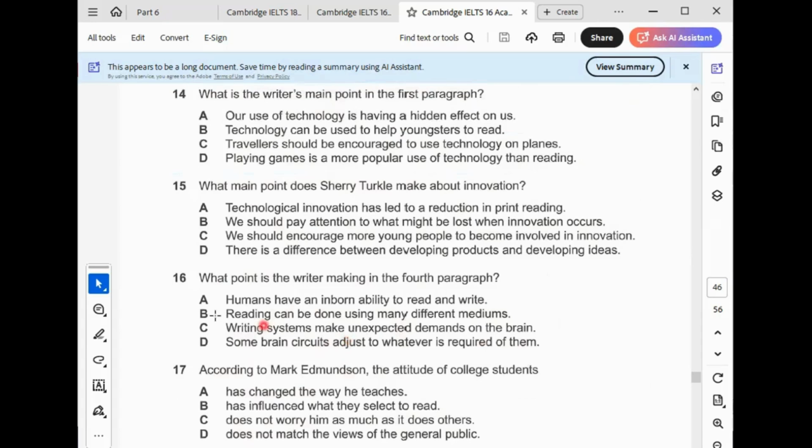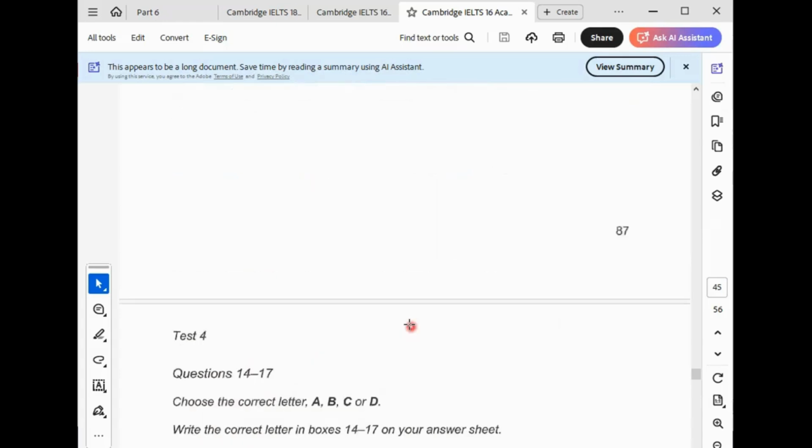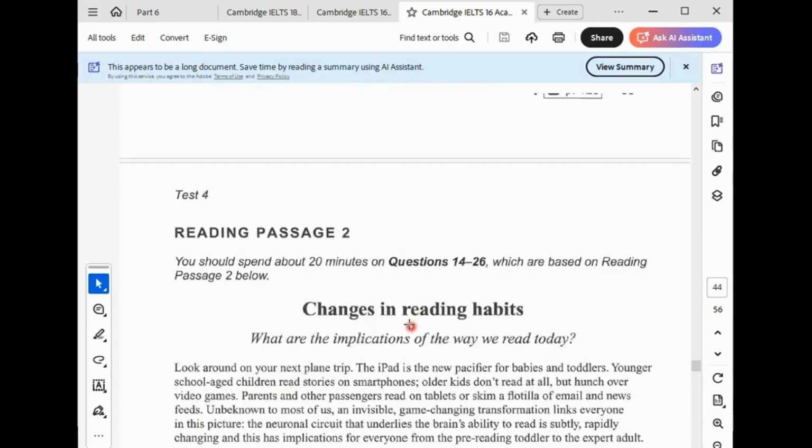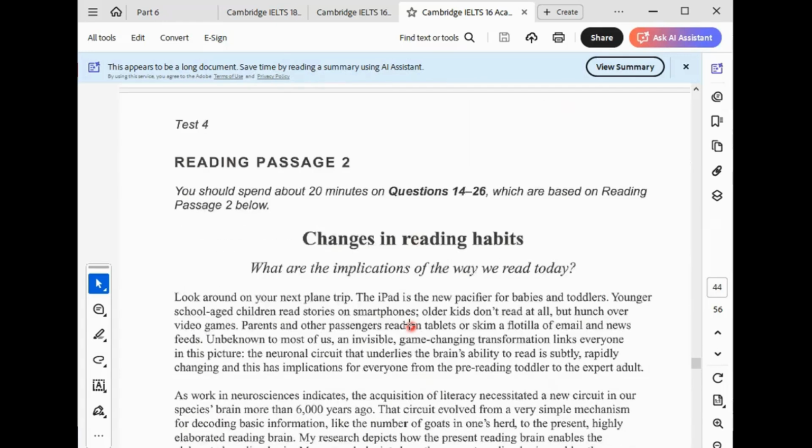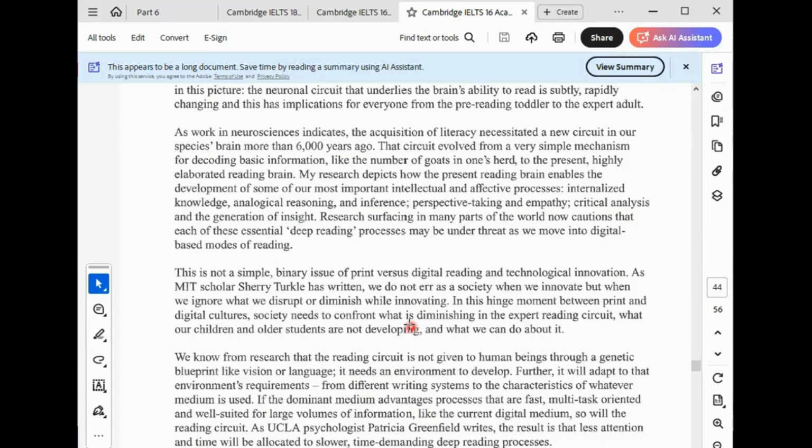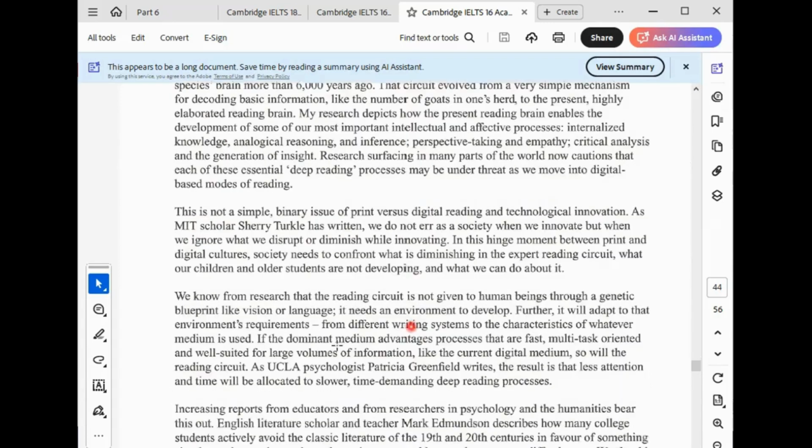Ladies and gentlemen, option B is our answer. Reading can be done using many different mediums. I've told you why options A, C, and D are wrong. Why is option B correct? Look at it here. This says that if they adapt from different writing systems to the characteristics of whatever medium is used, in other words, you can use different mediums.